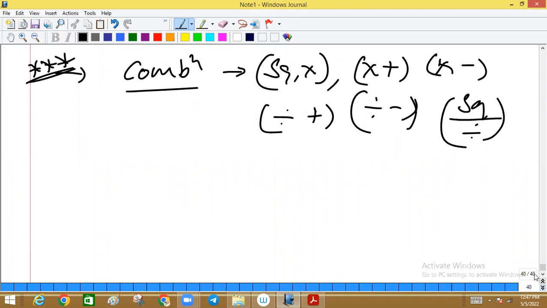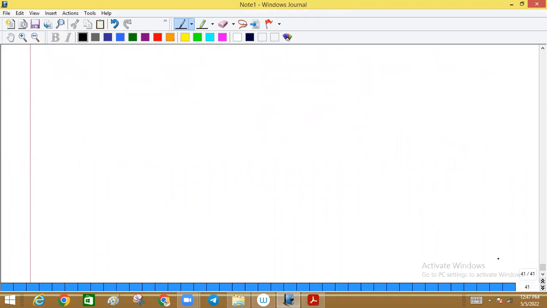Write down the first question. Page number 15 in your material, question number 191. 72, 40, 30. The moment you see this, is there any square or common factor between 72 and 40? Yes, 8.